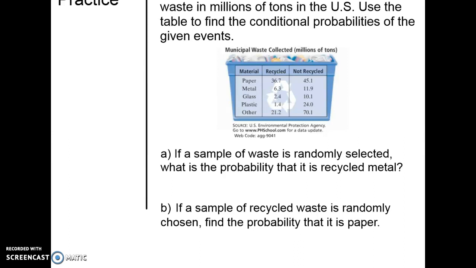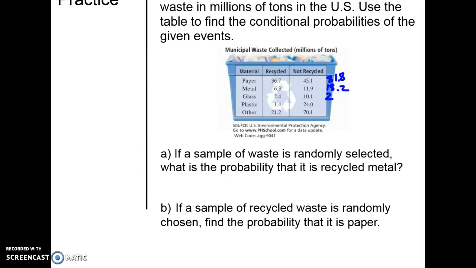So we'd be adding up paper, metal, glass, plastic, and other. We'd be doing that across as rows, and we'd be doing then the columns of recycled and not recycled. So I went ahead and did that. You can do it yourself if you'd prefer. This is 81.8, and we have 18.2 for metal.